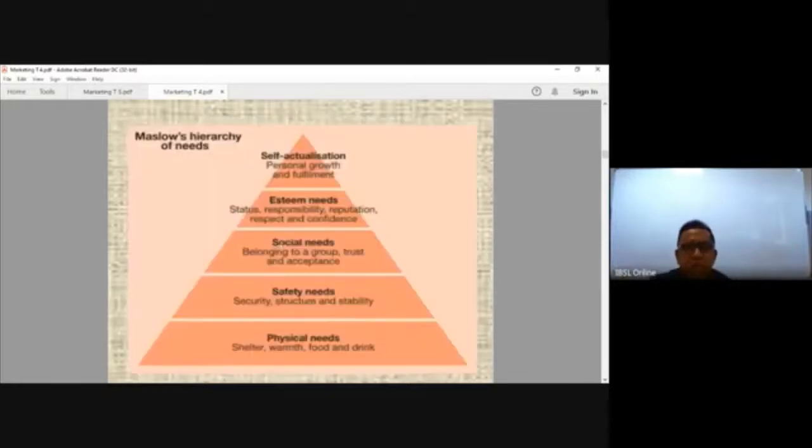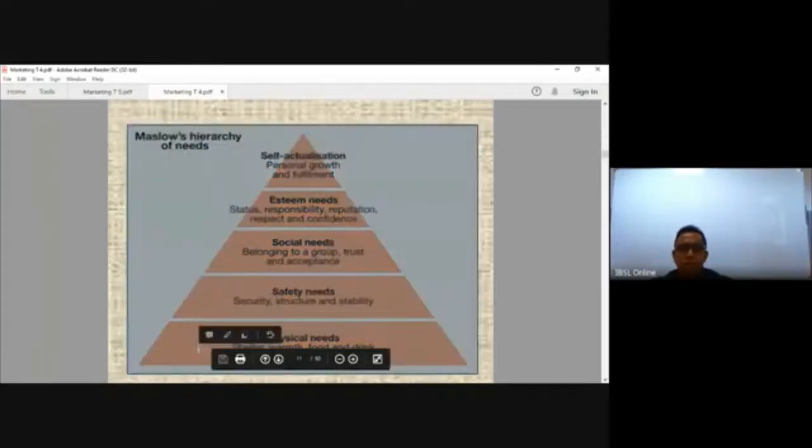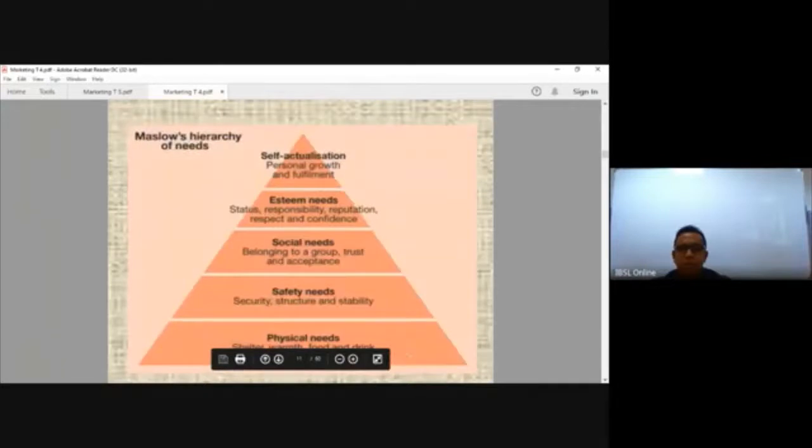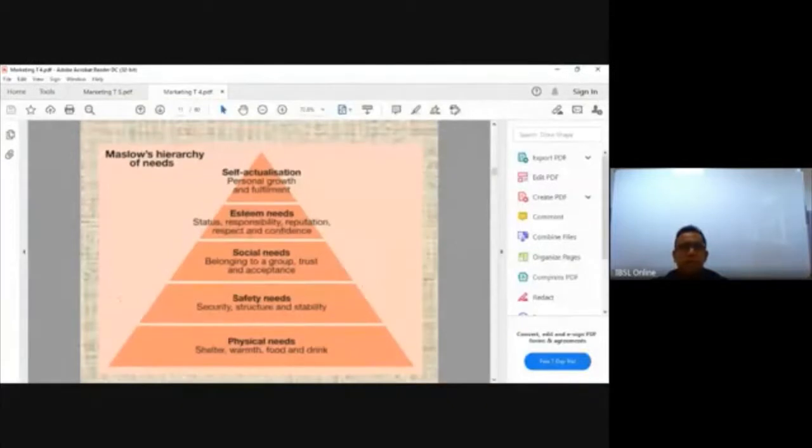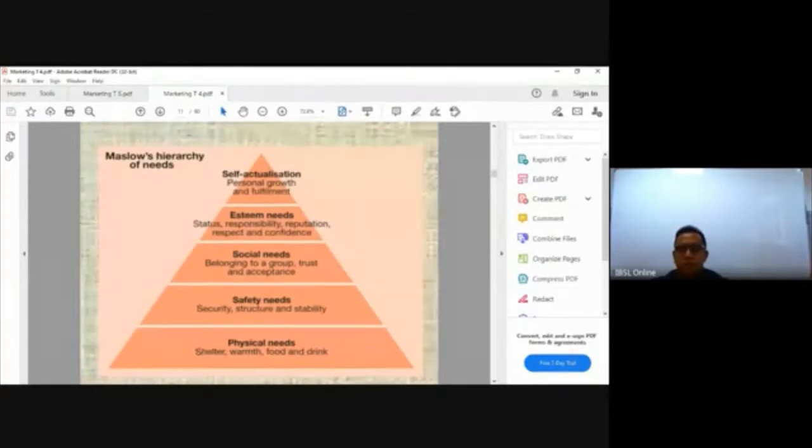So, for example, as a person, he said our basic needs are physical needs. Right? Our basic needs are physical needs. That is how we start.